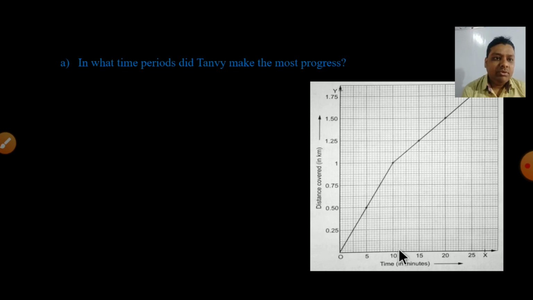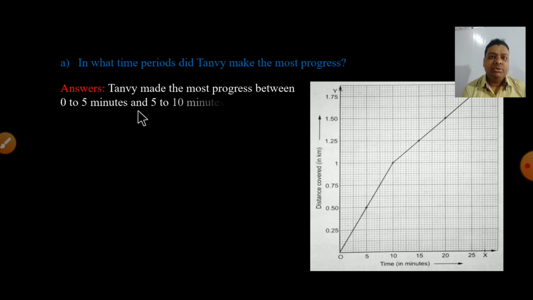But in 10 to 15 the line is going down, again 15 to 20 and 20 to 25 going down. So the distance covered between 0 to 5 and 5 to 10 is always the most. So Tanvi made the most progress between 0 to 5 minutes and 5 to 10 minutes.